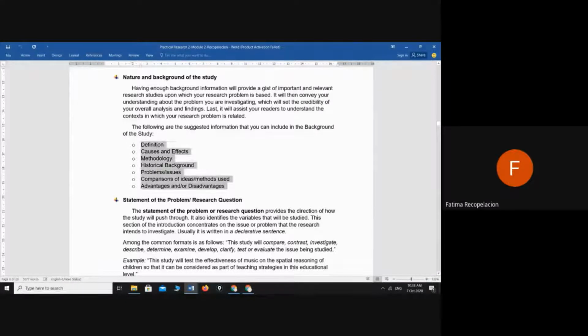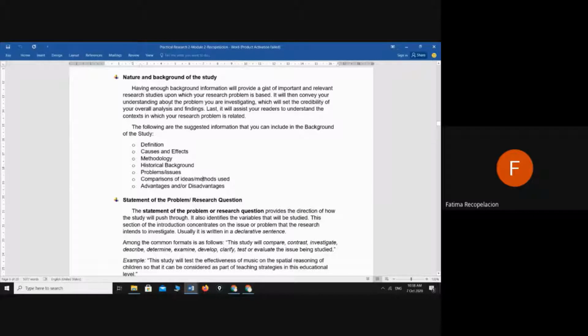So these are just suggested information that is to be found in this particular component. Not necessarily all of these, but at least some of this information should be in the nature and background of the study.